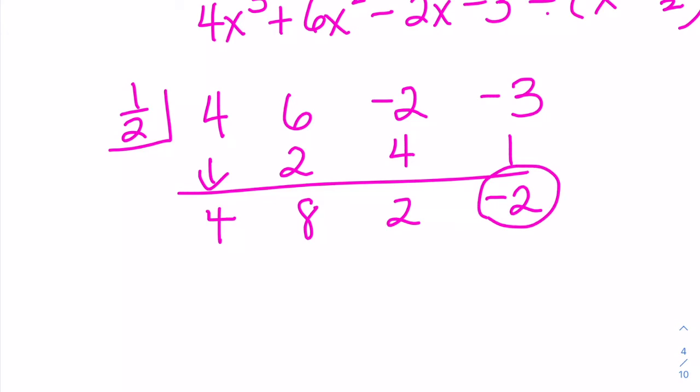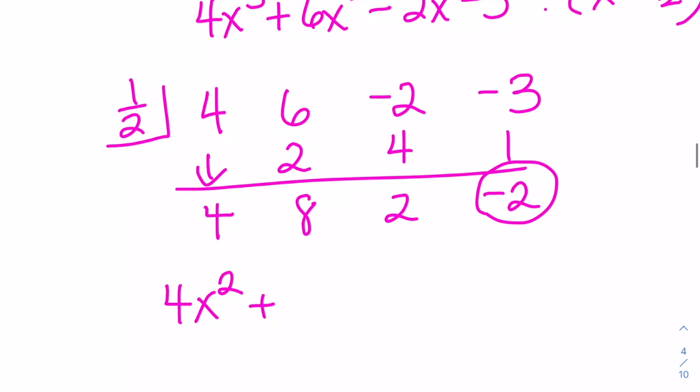So remember, we're eliminating one of the x values, one of the factors. So we'll have 4x squared plus 8x plus 2 minus 2 over x minus 1/2. Now we want to just clean that up a little bit.